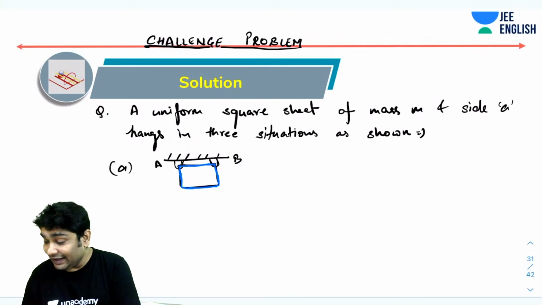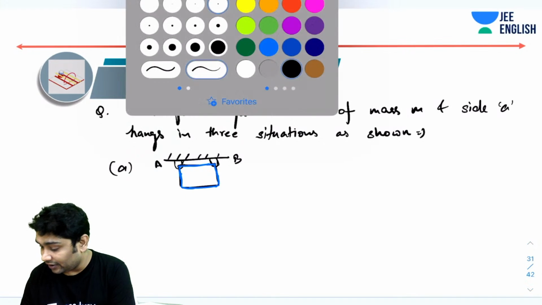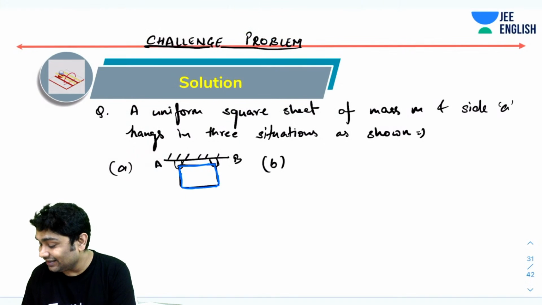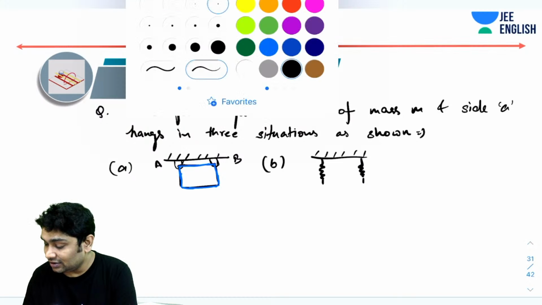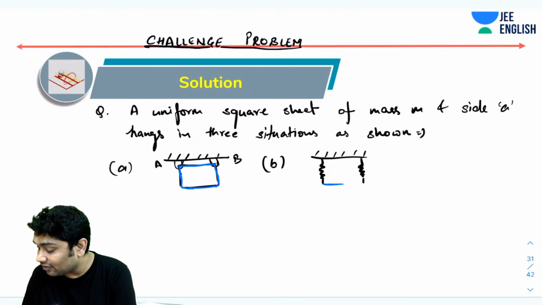Okay, in the next point, number B, we'll have slightly changed the situation. So there is one spring here and the plate is hanging from the springs.